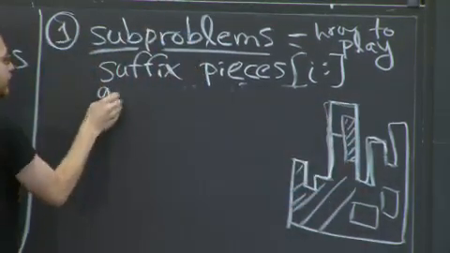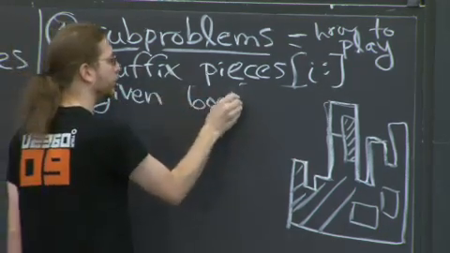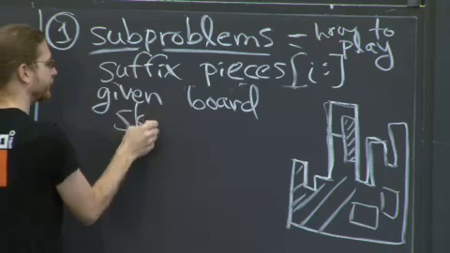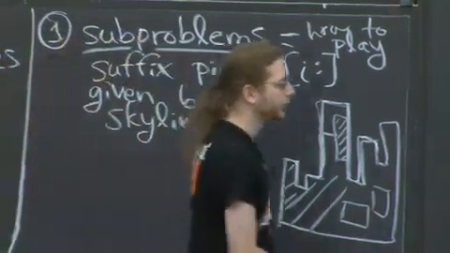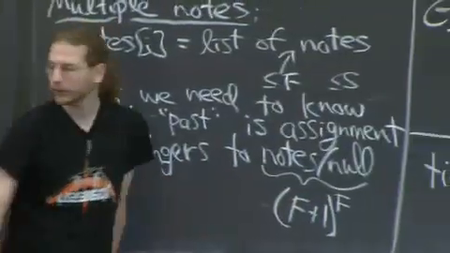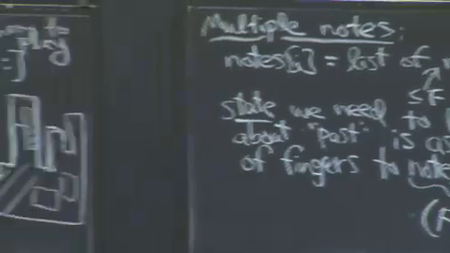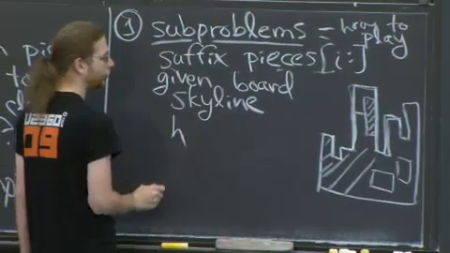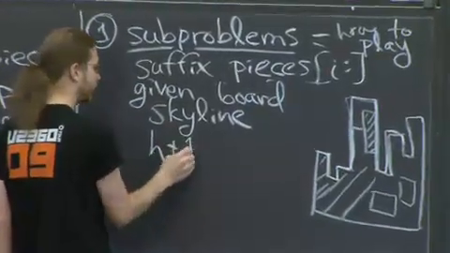So I should say, given the board skyline. Now, how many choices are there for that? It's quite similar to this function for fingering. Let's see. There's the height of the board, different choices. For each column, it could be anywhere between 0 and h, so I guess h plus 1.